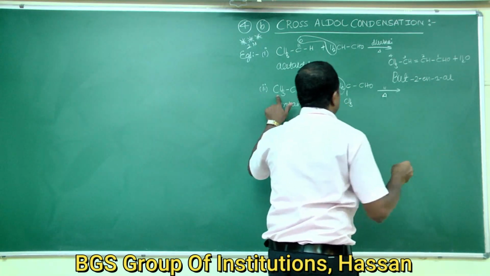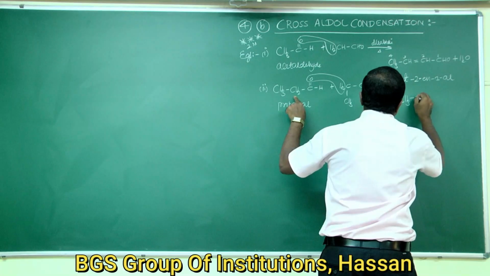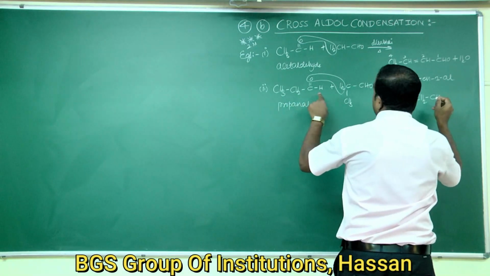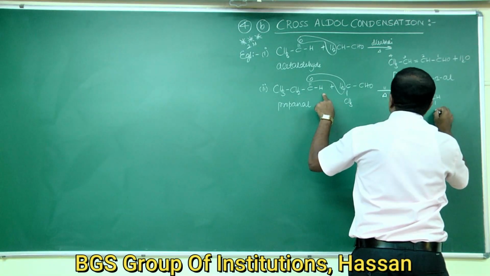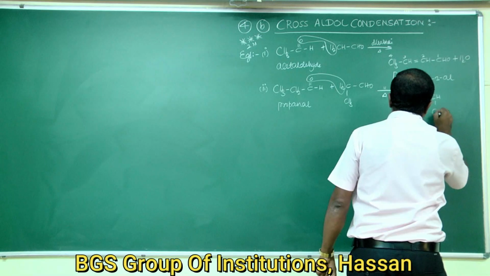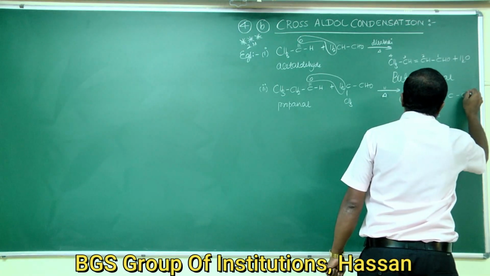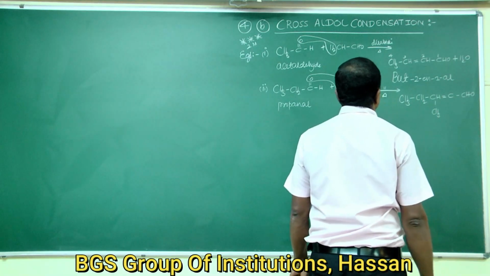To form the cross aldol, it is CH3 CH2 CH connected to CH3 double bond C connected to CHO.